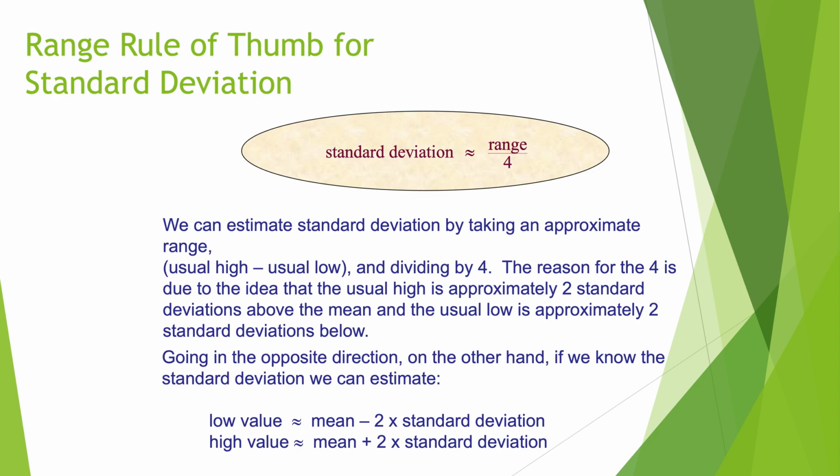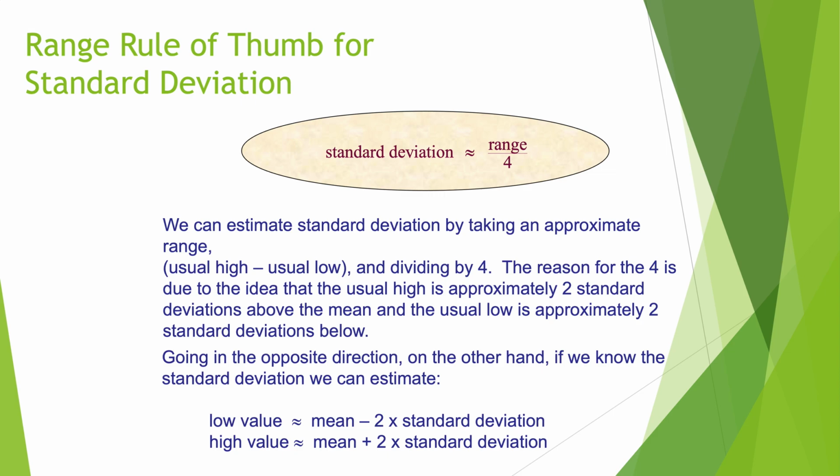If you have a mean, let's say we're talking about the number of fish caught, and the average number of fish caught in a day is 10. Let me give you better numbers.